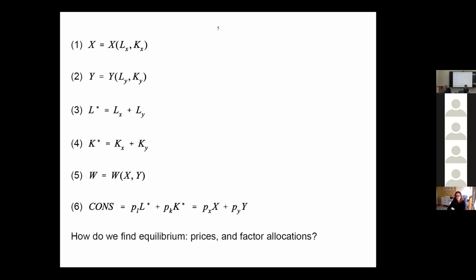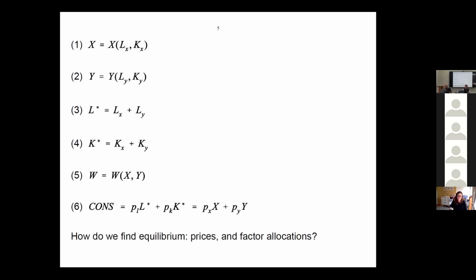So how do we find equilibrium prices and factor allocations? Well, this isn't an economic model. This is just a set of technical relations. You can't run this model. Any values of L and K will solve, you'll get some solution, but it doesn't represent an economic equilibrium.